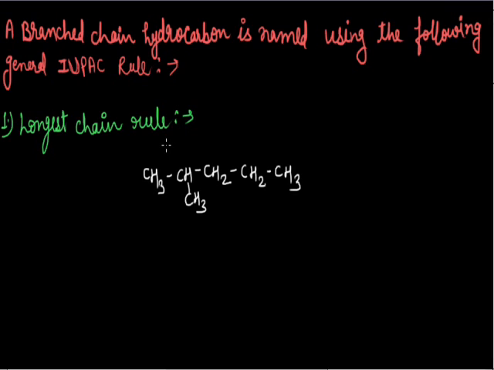So in this organic compound, we can see the longest carbon chain, because here there is the possibility of two carbon chains, first is this and second is this.